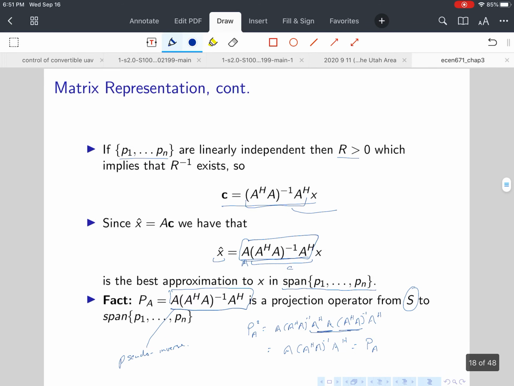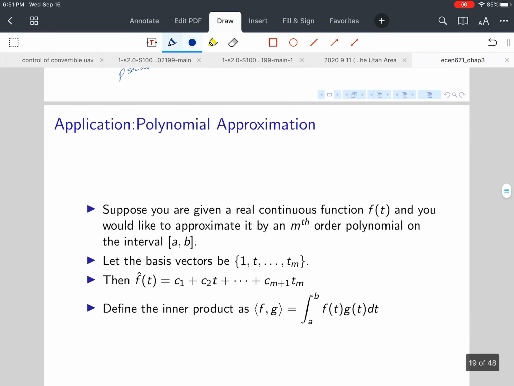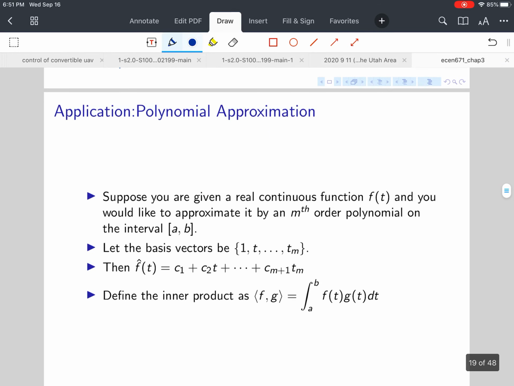All right, so that's what the orthogonality theorem gives us for matrices, and that's really one of the most important cases. We also have a lot of cases where we're trying to approximate things with functions, so let's look at polynomial approximation.